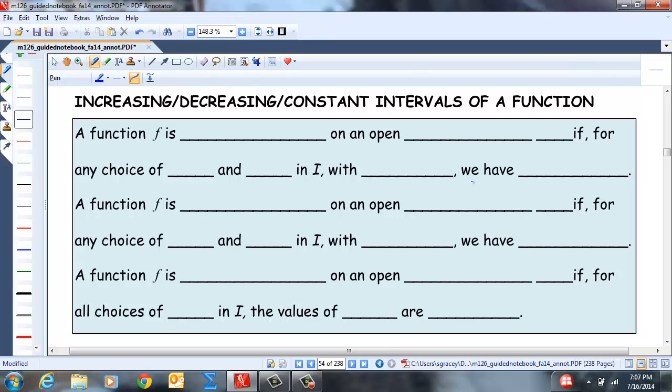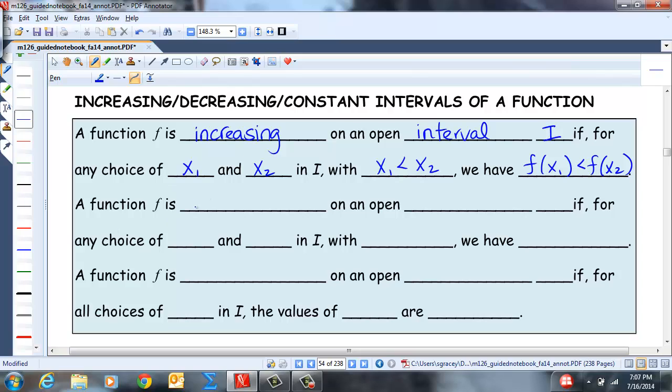So a function f is increasing on an open interval I if for any choice of x1 and x2 in the interval I, with x1 being less than x2, we have the function evaluated at x1 is less than the function evaluated at x2. So basically, the y values are going up as we move from left to right for increasing intervals.